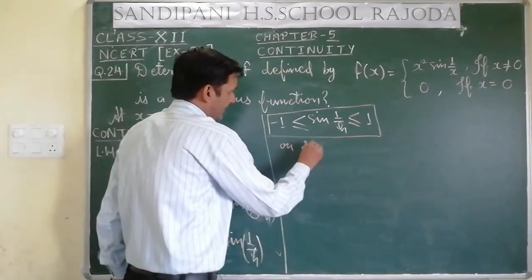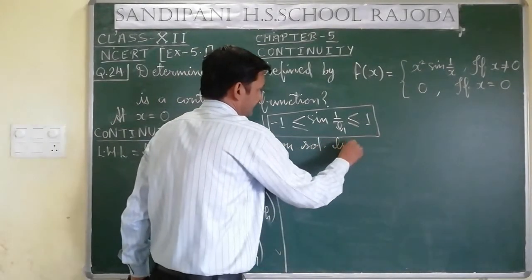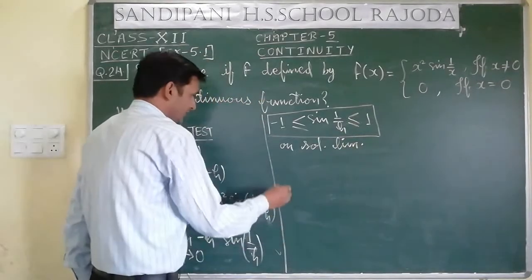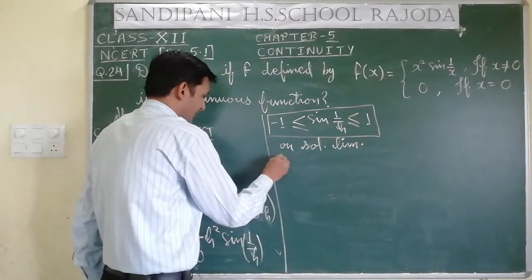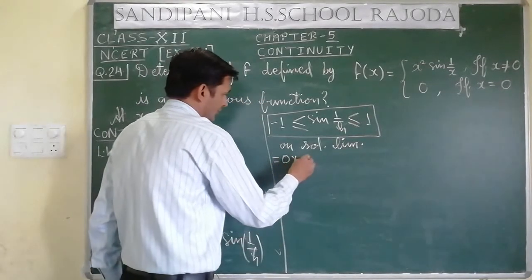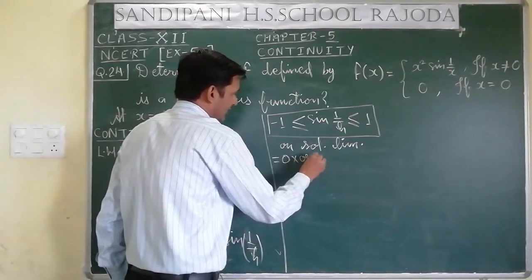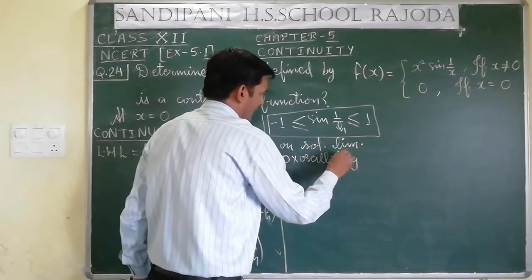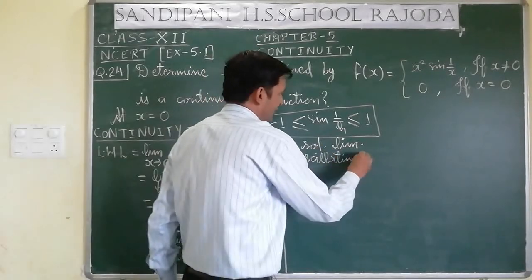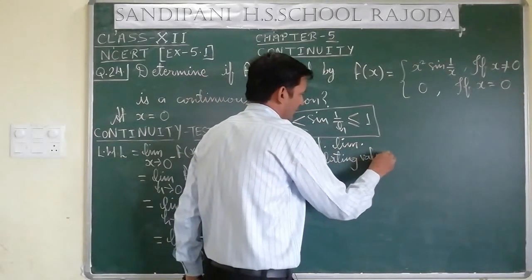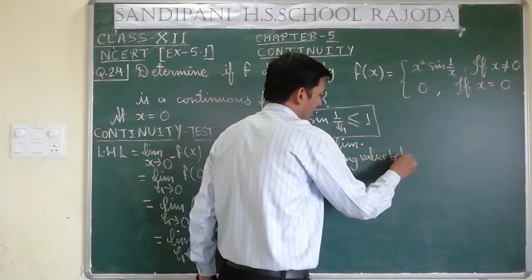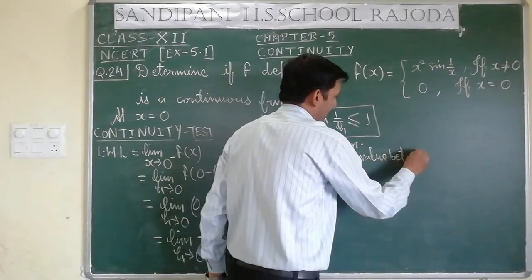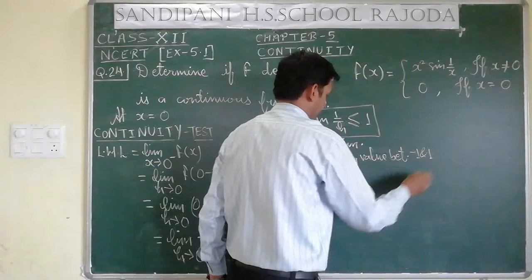So we may conclude, on solving limit, that it is 0 into oscillating value between minus 1 and 1.